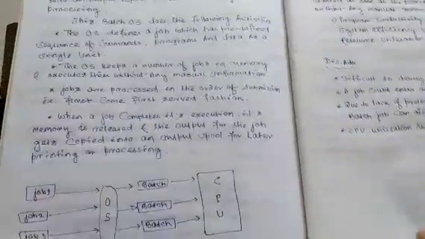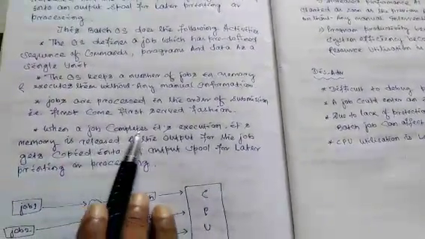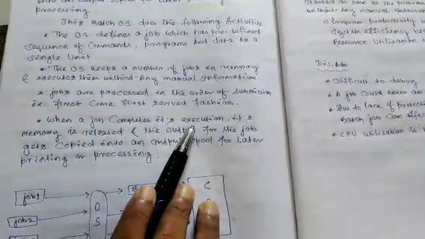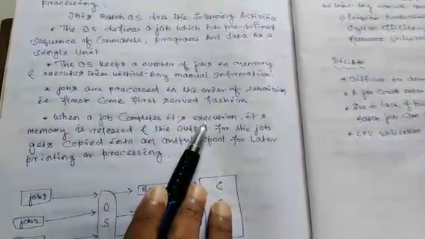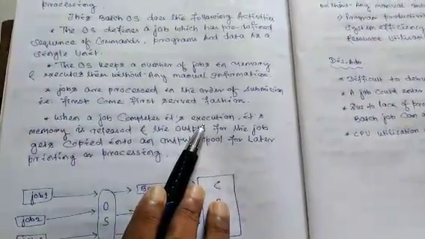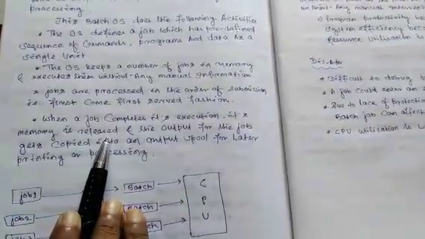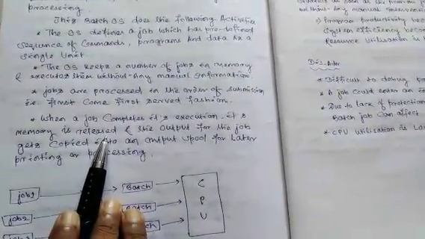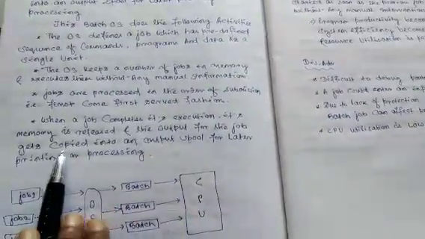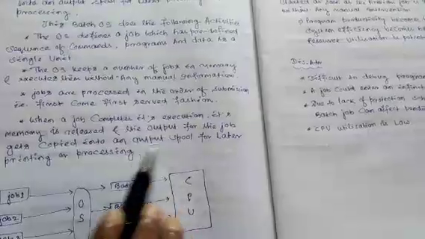When a job completes its execution, suppose a number of jobs are being executed simultaneously in the computer processor. Whenever a job completes its execution, its memory is released, but only the output for that job is copied into the output spool.